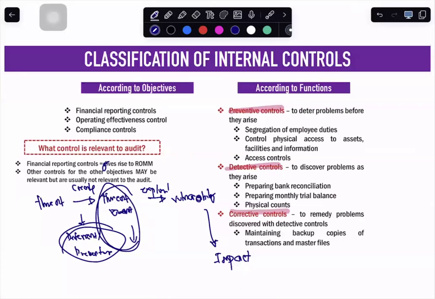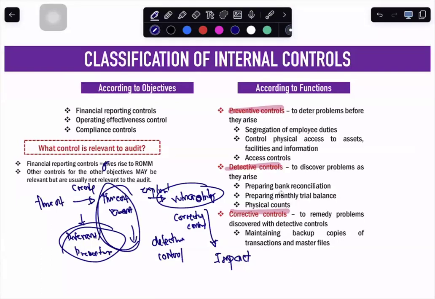However, if the threat event happens, then the detective control will detect it. And ultimately, if the detective control is not enough to detect it, then there is now a vulnerability. So if there's a vulnerability, then we have your corrective control to at least minimize the impact. Generally, that is the relationship of those controls according to functions.